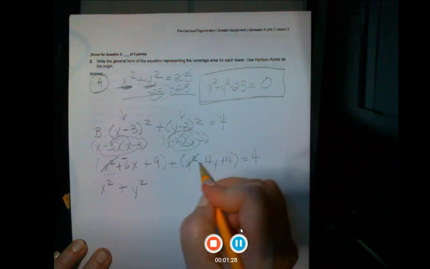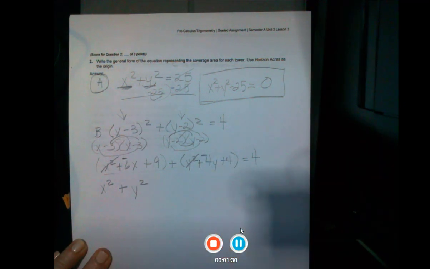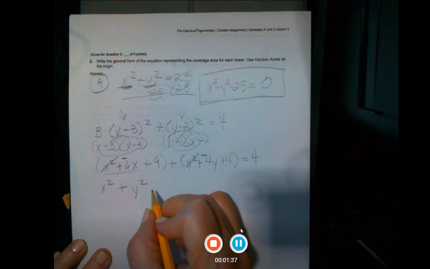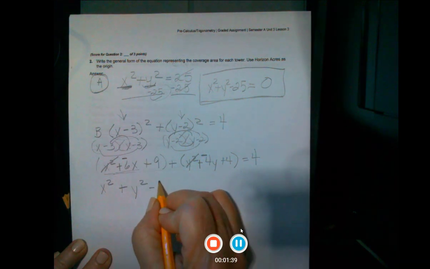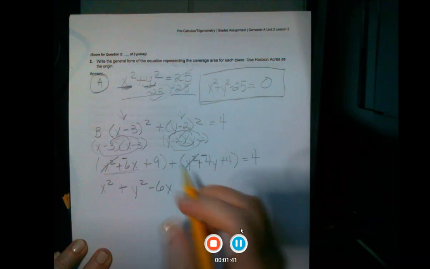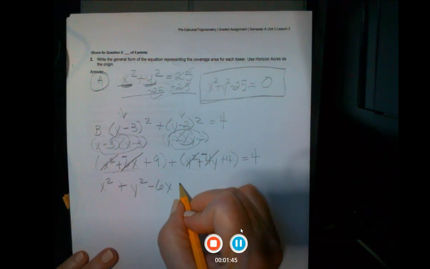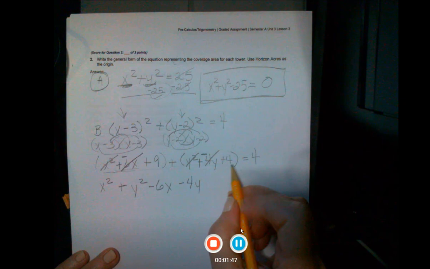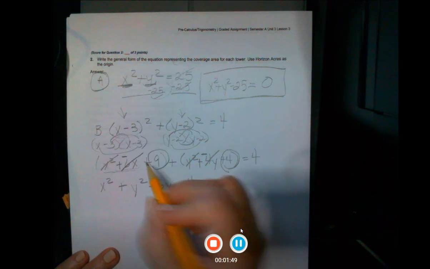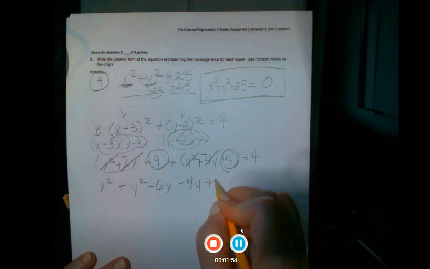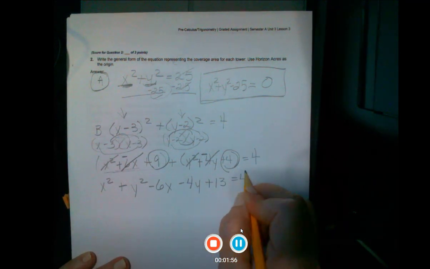I'll change all of this to plus and put that negative sign by those numbers. Then we go down to our x to the first powers, and we have negative 6x. We don't have any more x's to the first power. And then negative 4y. Then we have 4 plus 9, which is 13. And that's positive 13 equals 4.